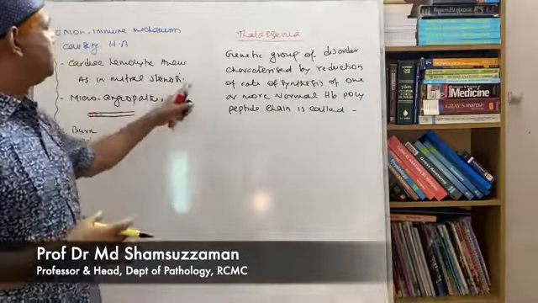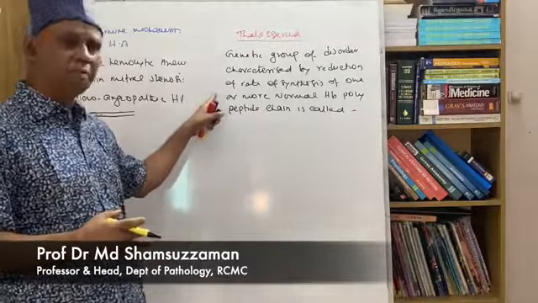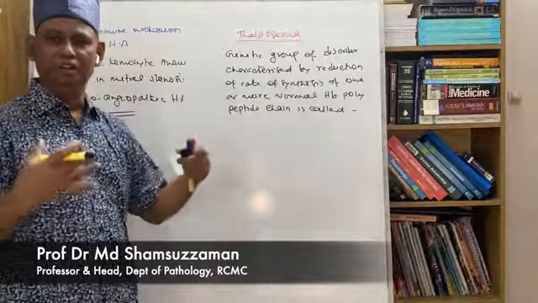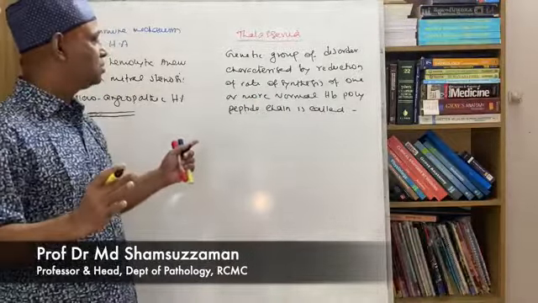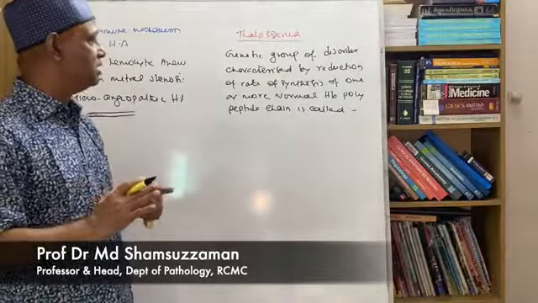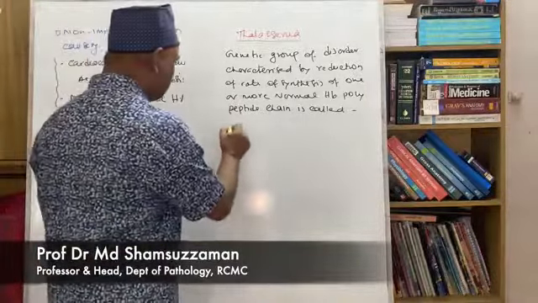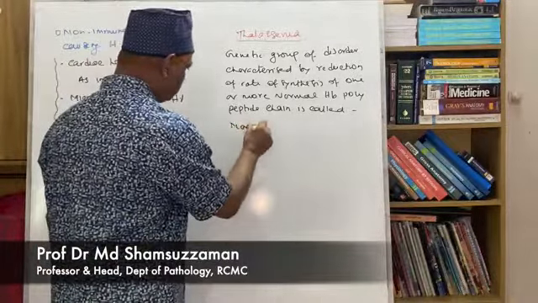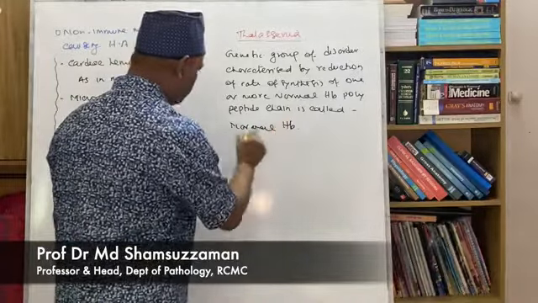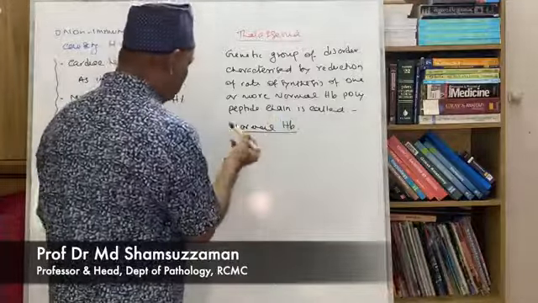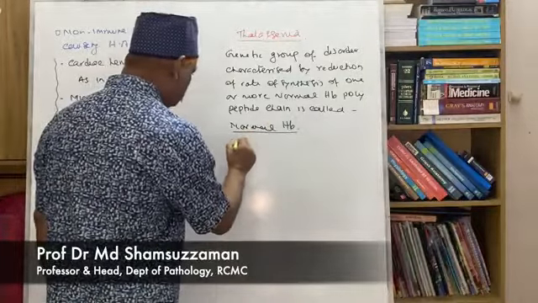I have told you it is a quantitative defect. As there is reduction of rate of synthesis, there is a defect in quantity, not in quality, not a structural defect. So we have to recapitulate the normal hemoglobins in our body. One is adult hemoglobin.